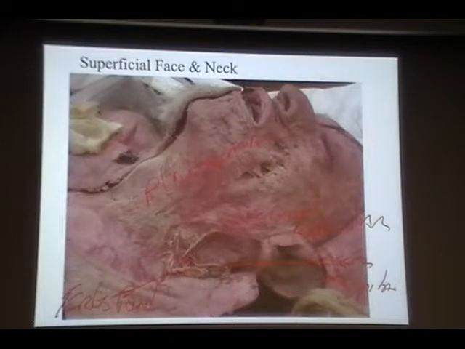This twig coming across here is the transverse cervical. Over here we see a little bit of one of the posterior portions of the supraclavicular.